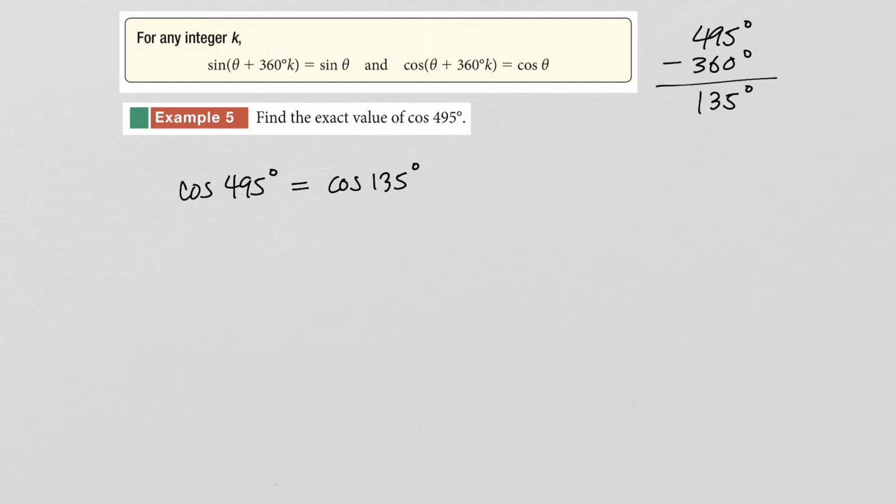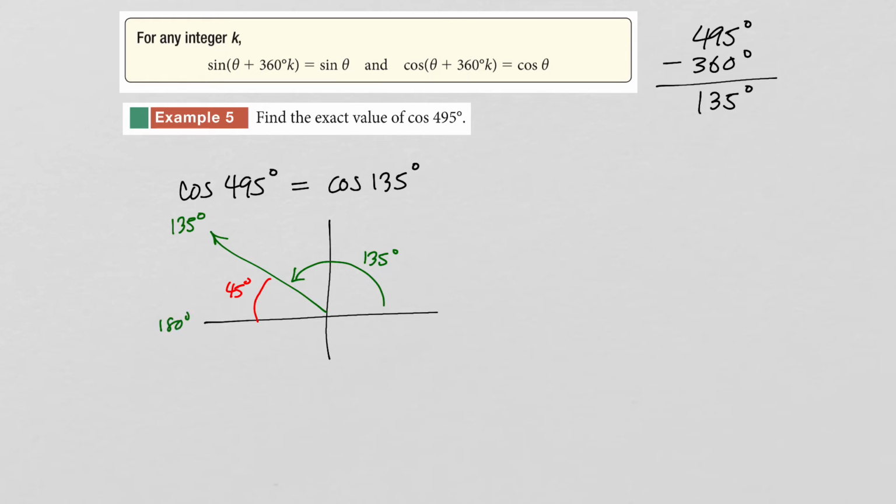Now, how do I find the cosine of 135? Well, I'm going to graph 135 degrees in standard position, which looks like this. And then I'm going to find the reference angle here, which is 45 degrees. And I get that by taking 180 degrees and subtracting 135 degrees.